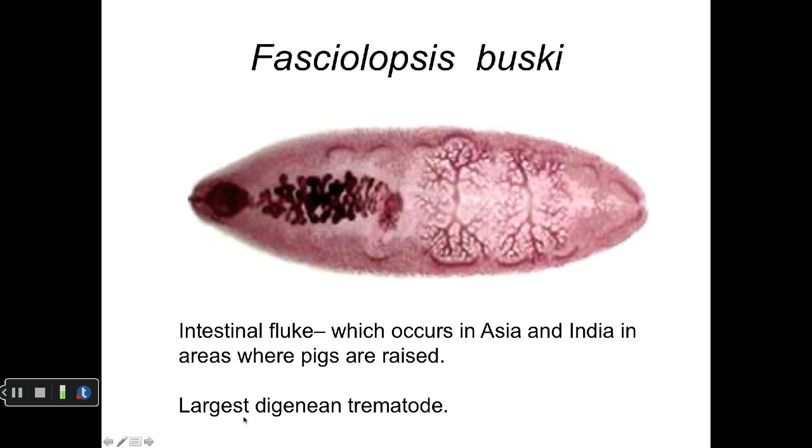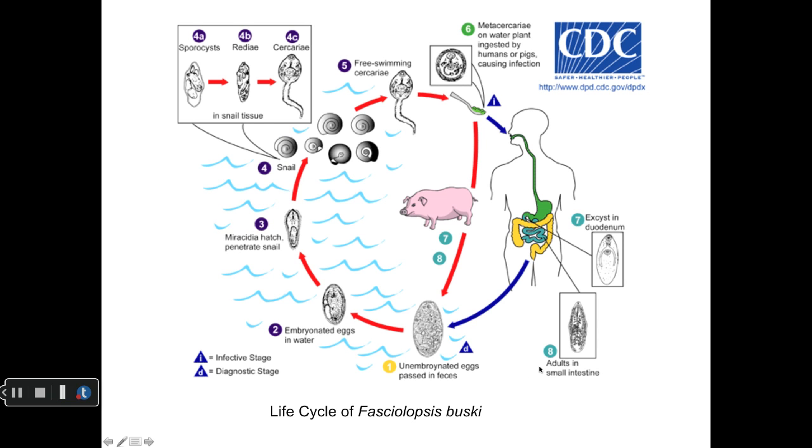The Fasciolopsis buski adults actually can get larger even than Fasciola hepatica, so it's known as the largest digenean trematode. This is a parasite that actually resides in the intestines, and it occurs in Asia and India most frequently, and is associated with the raising of pigs.